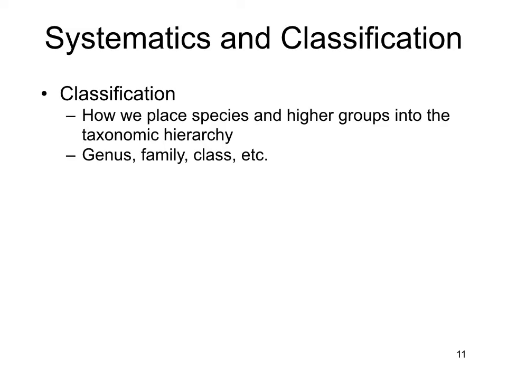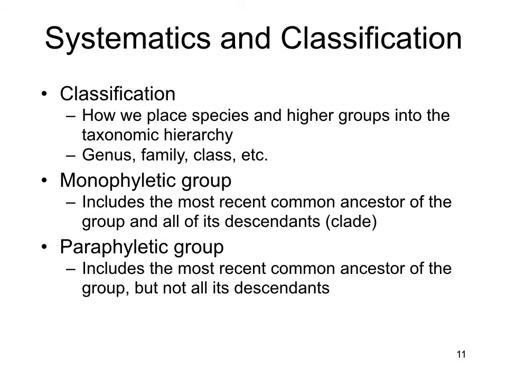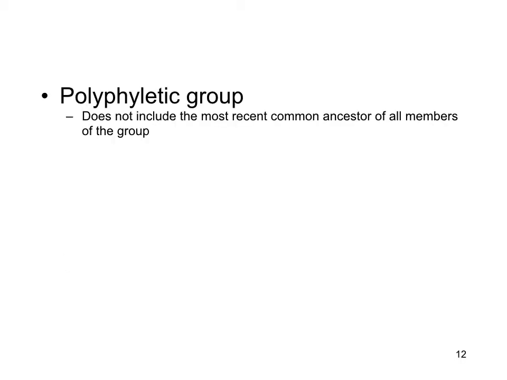So we classify organisms, and I'll talk about the taxonomic hierarchy later and the different types of taxa. But our goal is to find monophyletic groups, the most recent common ancestor and all the descendants. That's a clade. We want to avoid groups that are paraphyletic or polyphyletic, which means they may not include all the descendants of a common ancestor, or the group may not include the most recent common ancestor.